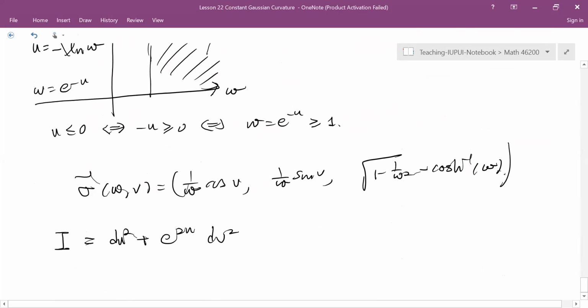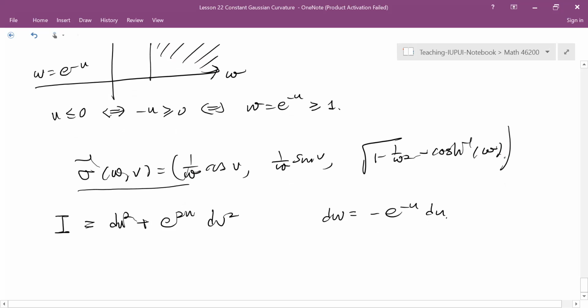According to our computation, I'm going to change the du. You can change it directly, you don't need to repeatedly do the computation for this. dw equals negative e to the negative u du, so that means du equals negative e to the u dw.